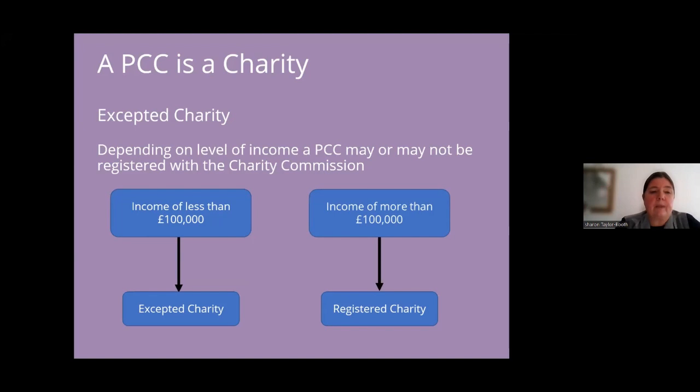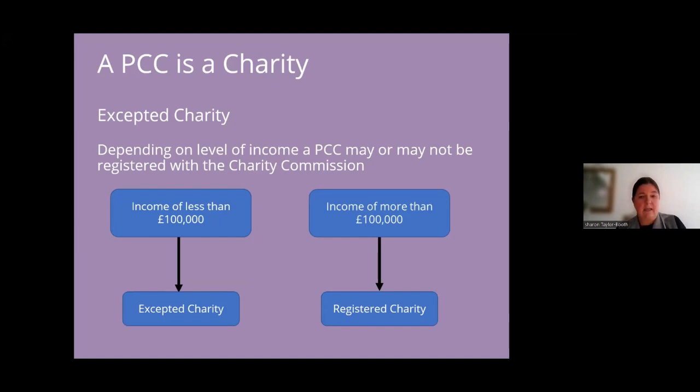So accepted charities means that for us as the Church of England, your diocese will take on the role of the Charity Commission to a particular point. Everything that you do would need to be reported to your diocese. So the diocese will need to receive annually a copy of your accounts.